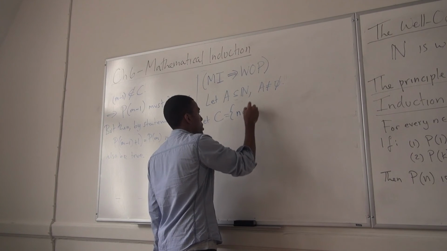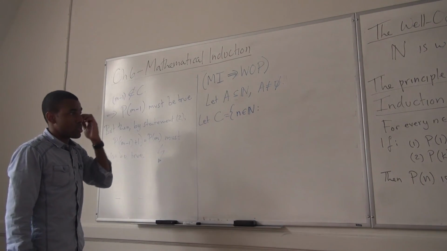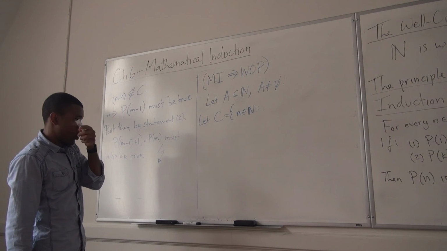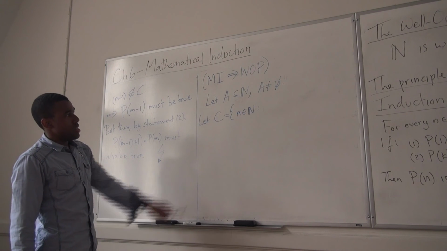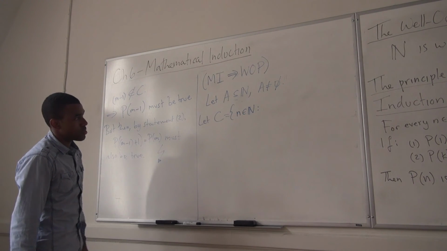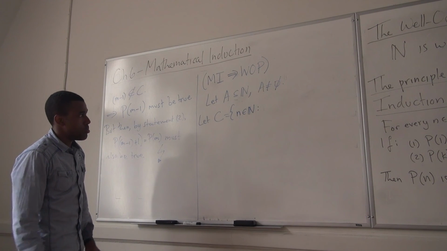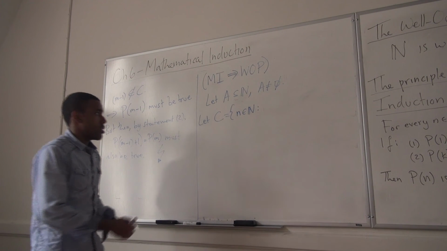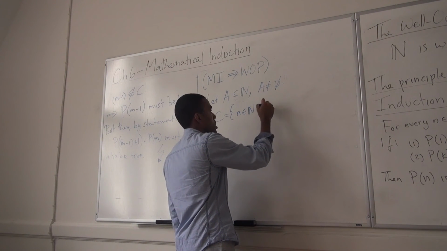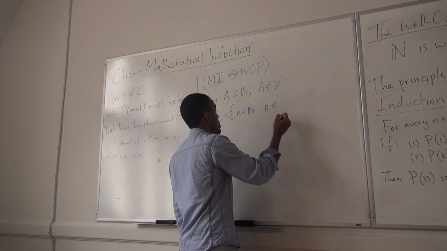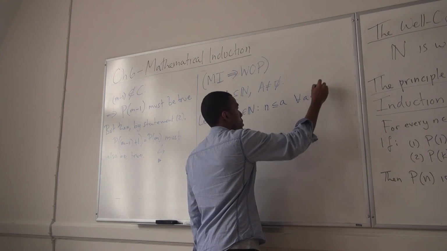Now we're assuming mathematical induction holds, so there's no reason to go there. What we want to prove is that N has a least element. So how about we let C be the set of all natural numbers such that n is less than or equal to A for all elements in A.